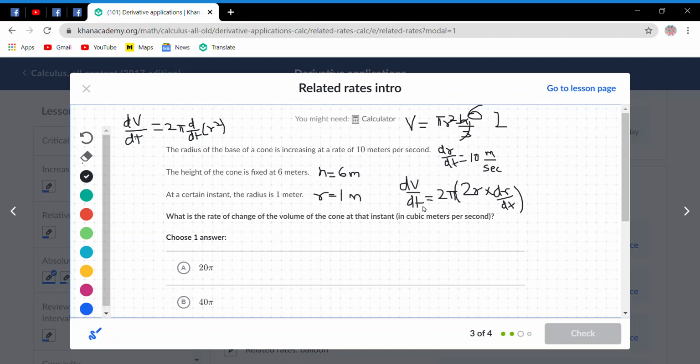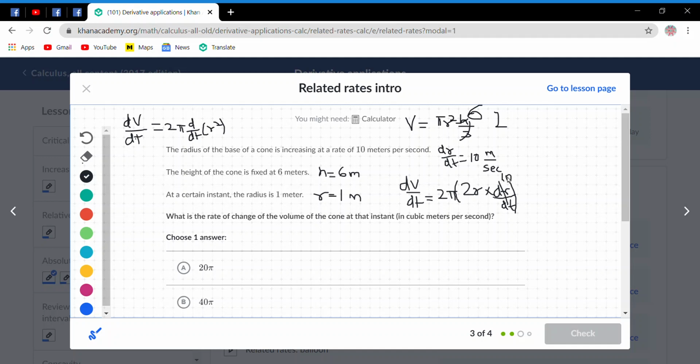So this is our derivative, and let's fill in the values. dr/dt we know is 10.